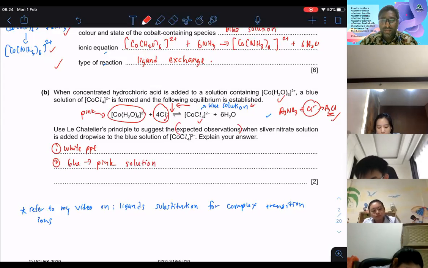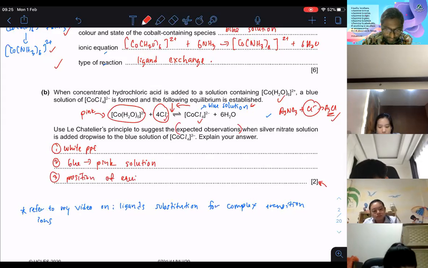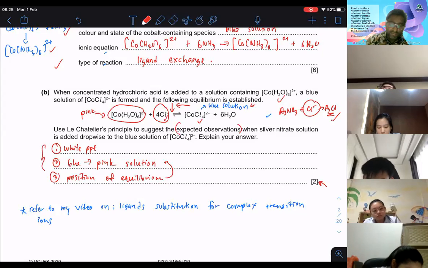And then you can say also, because it's 2 marks, you can also say the position of the equilibrium is shifted to the left, which will explain this part, if you want. But any two of the responses over here will be given the marks.